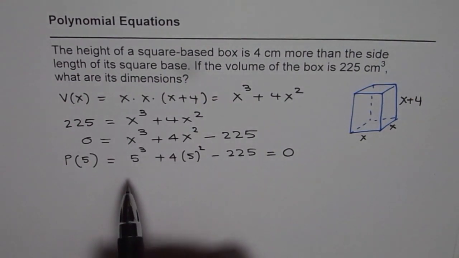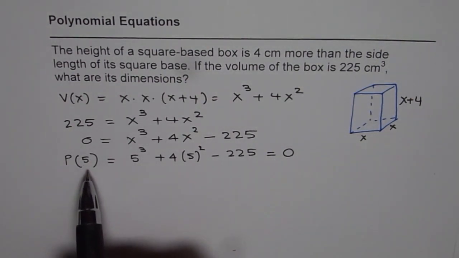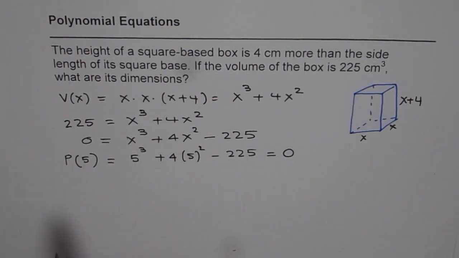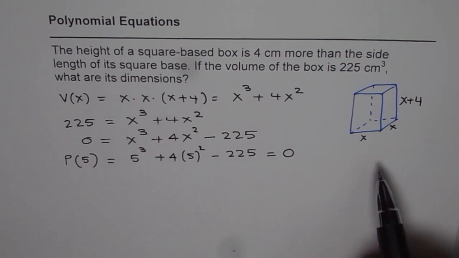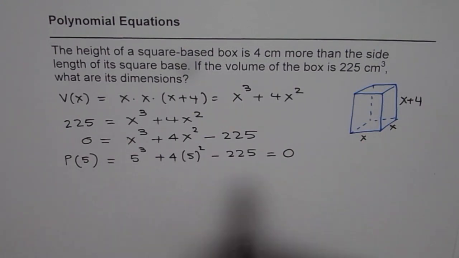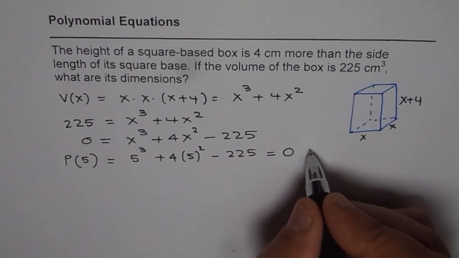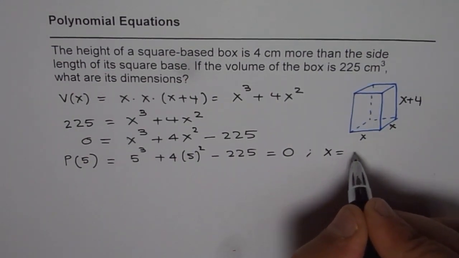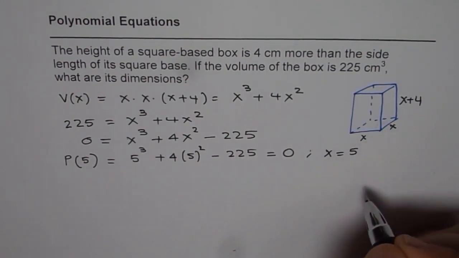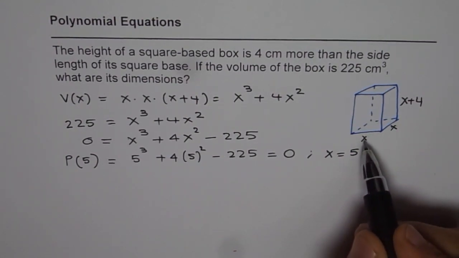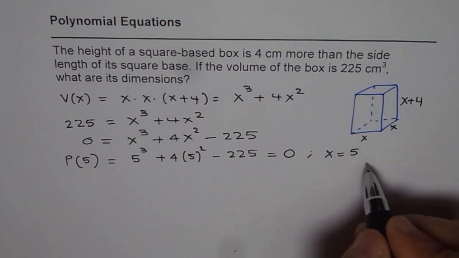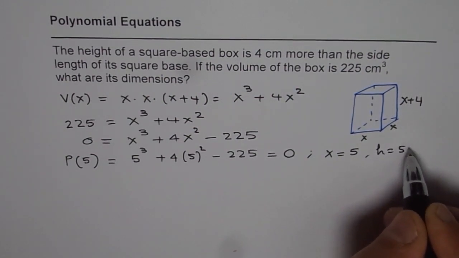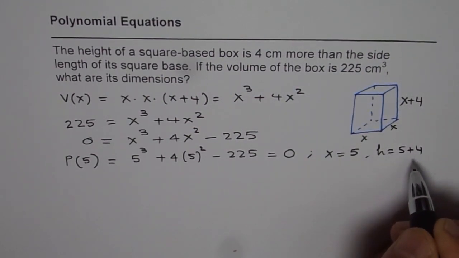So that means x minus 5 is a factor, correct? To find the rest of the factors, we can actually do synthetic division and find the equation. So at least we have one value of x, and that gives us x equals 5 as a solution. If I substitute x as 5, then I get length and width as 5 and height will be 5 plus 4, which is 9.